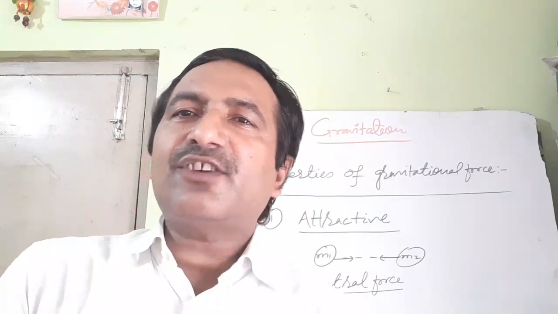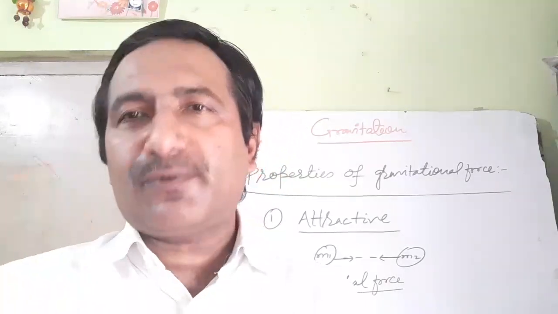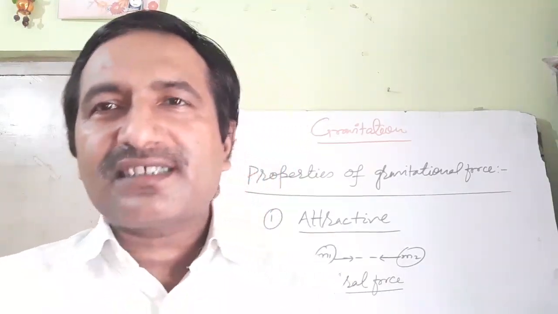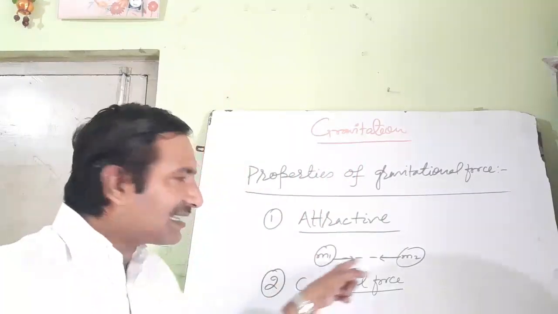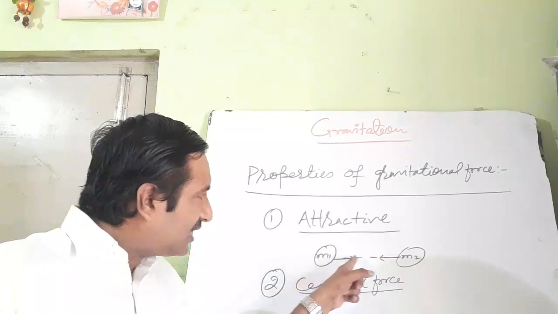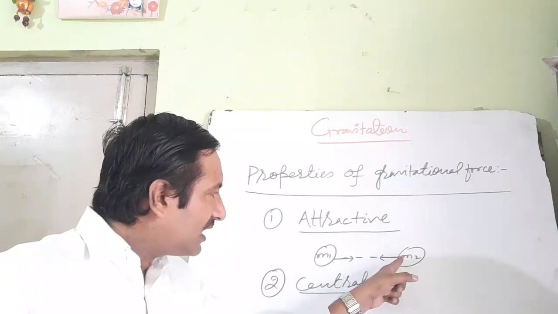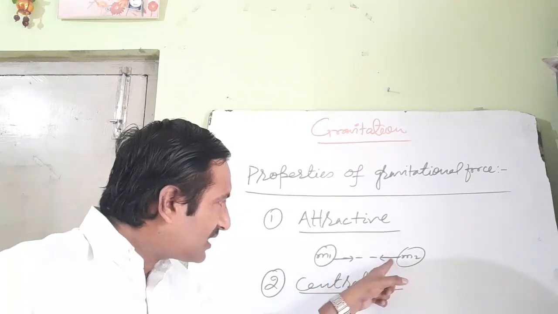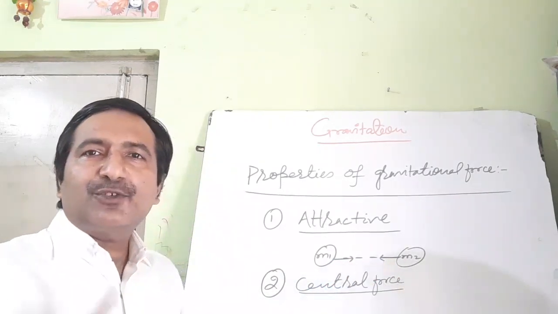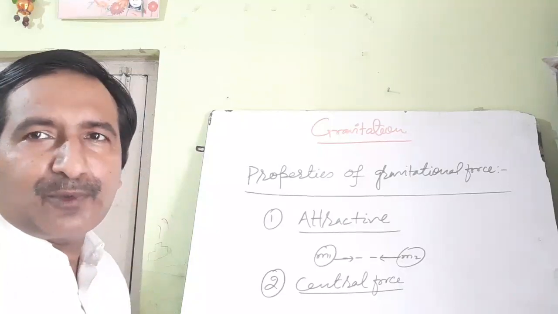You can take centers of two bodies as center of masses of two bodies, but I will not discuss center of masses here. You see, these are the two bodies and this is the line joining the centers of the two bodies. The force is acting along this line. So this is called a central force.